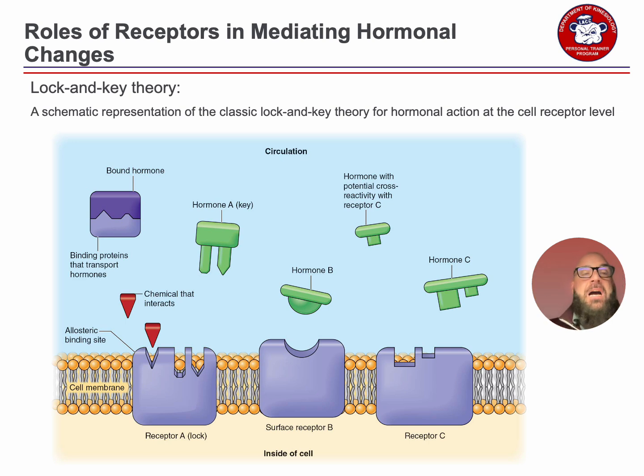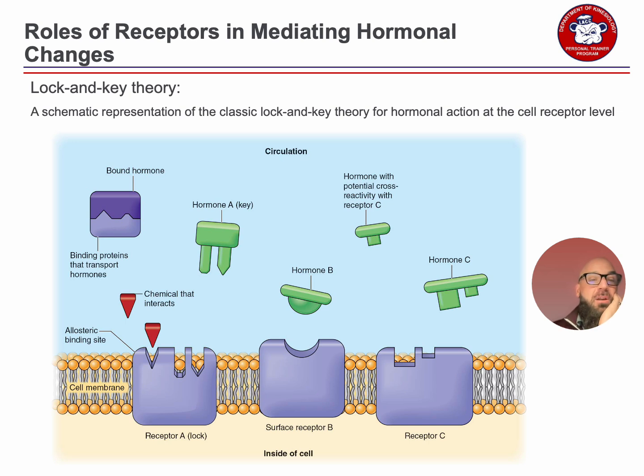So there's this lock and key theory of how certain cells absorb certain hormones and other cells don't absorb the same hormones. If you look at this visual here, hormones have a specific shape that can fit into specific cells and can't fit into other cells, based on the receptor site on the cell itself.